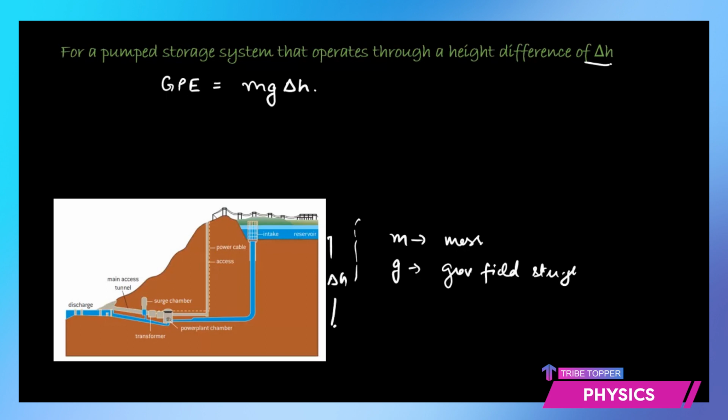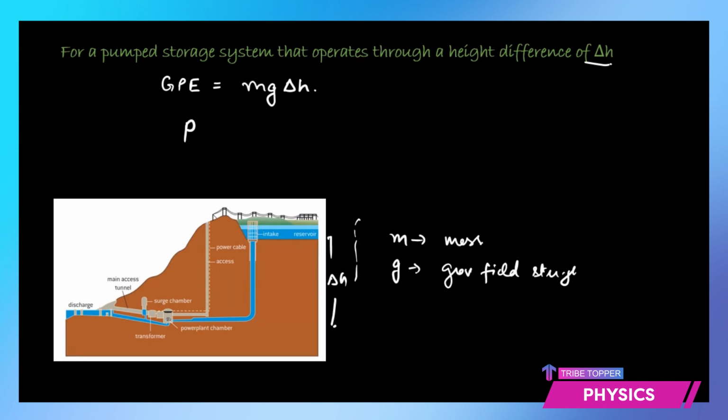The maximum power available from this water will be this gravitational potential energy per second, that is, the rate at which this energy is converted into mechanical and then electrical energy.